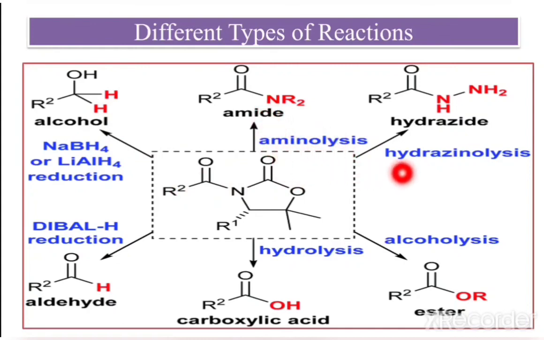Now hydrazinolysis, we get the hydrazides. Now alcoholysis, we get the ester. Now hydrolysis, we get the carboxylic acids. Now on treatment with DIBAL, we remove the chiral auxiliary and we get the aldehyde. That means these are the simple reactions to remove the chiral auxiliary, and we get the final product.